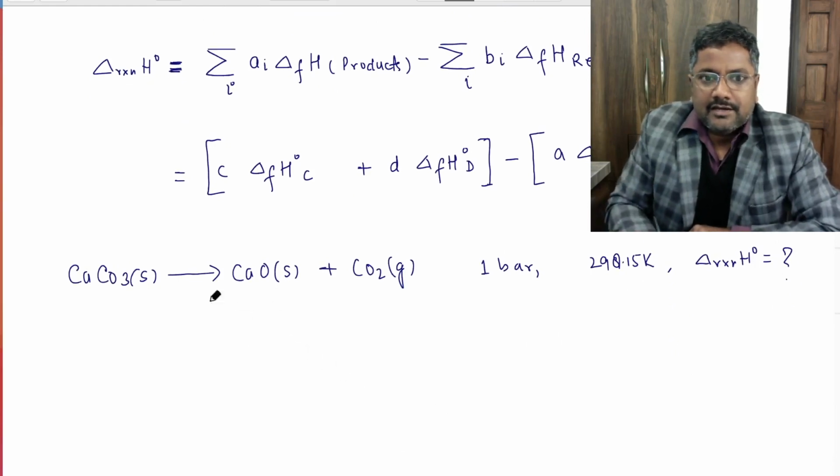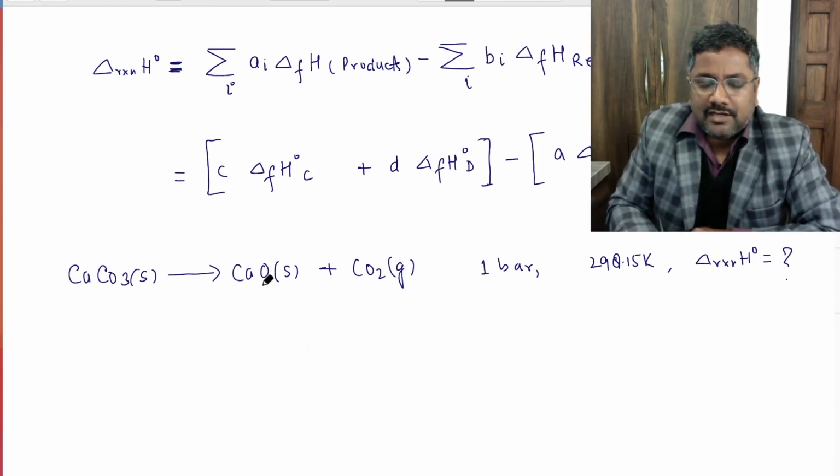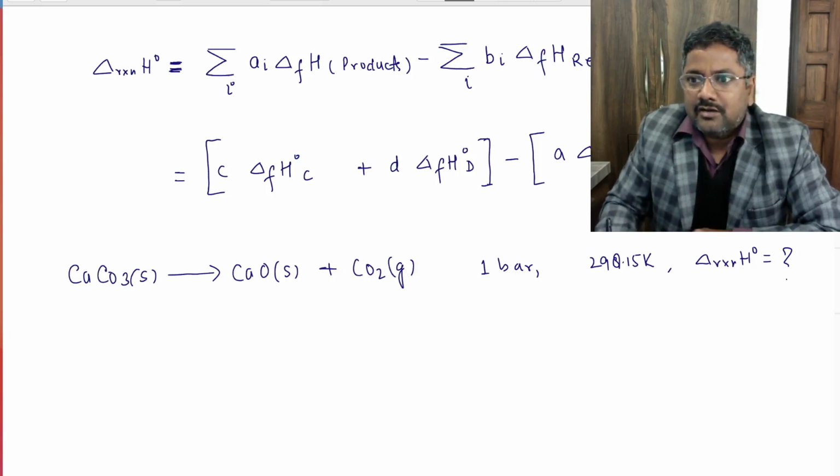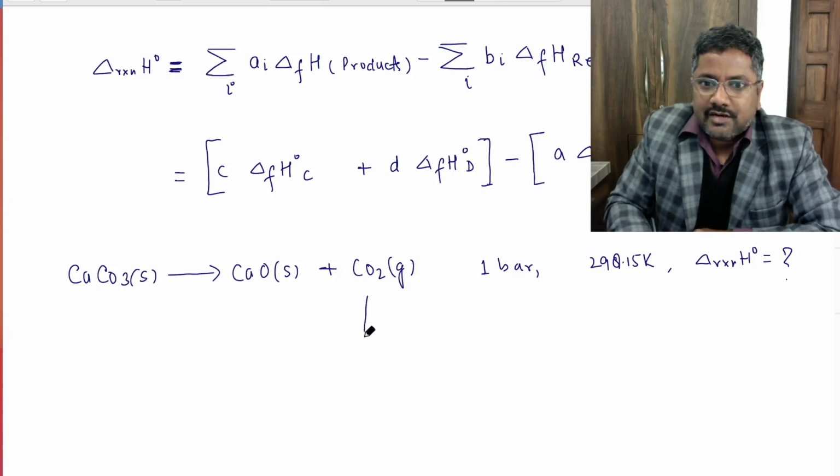If you have the enthalpy of formation of calcium oxide, of carbon dioxide, and of calcium carbonate. See, all of you know that the formation of carbon dioxide is carbon graphite plus O2 gas. The formation of calcium oxide is calcium solid plus half O2 gas.